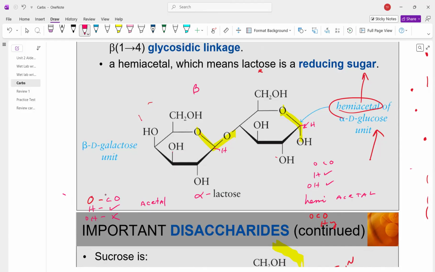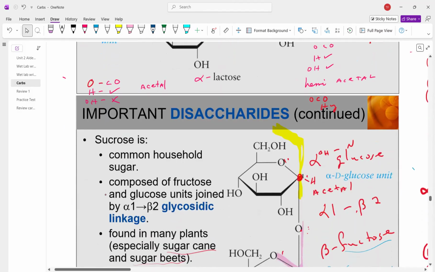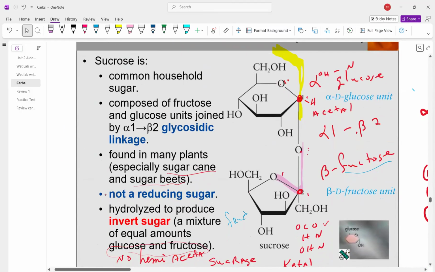The carbon is carbon number 1, the anomeric carbon. And we're attaching to carbon 4 on the glucose. So the linkage is beta 1,4. Now sucrose really looks different.